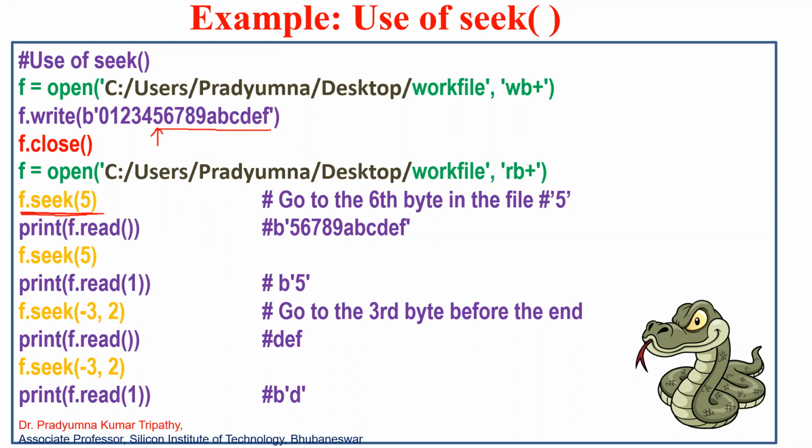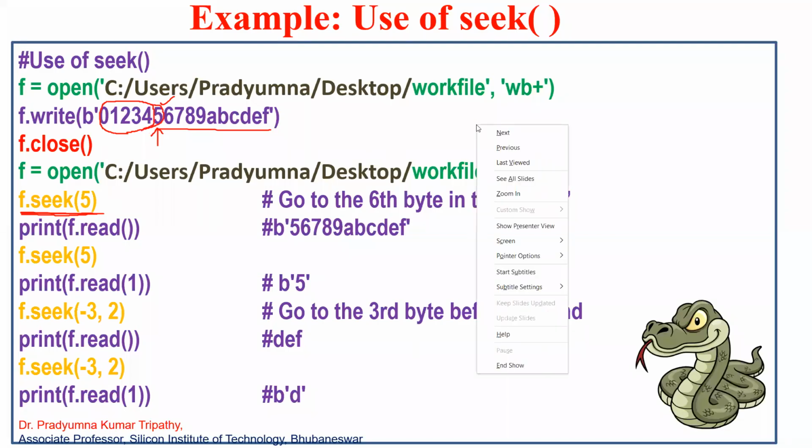It is from the 6th location onwards. So my file pointer will read from this point onwards. This 5 is nothing but the 6th byte. It has already read these 5 bytes.